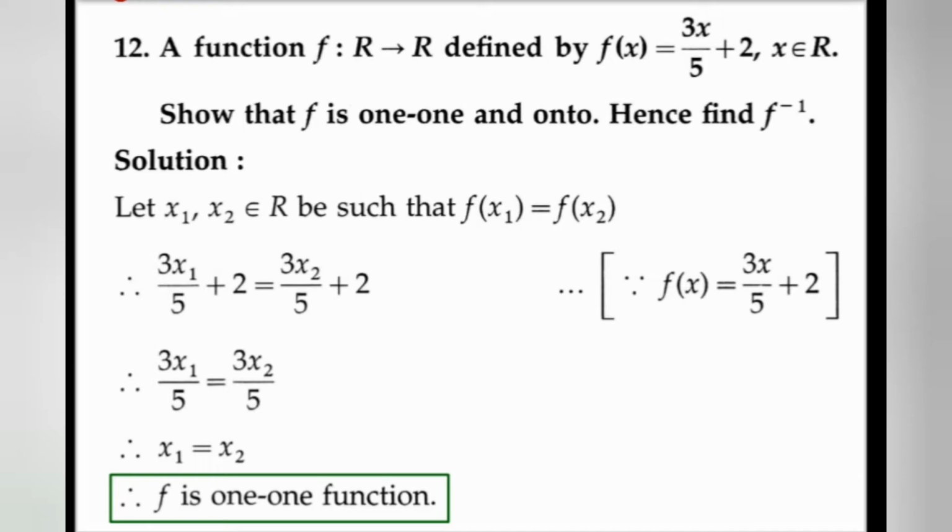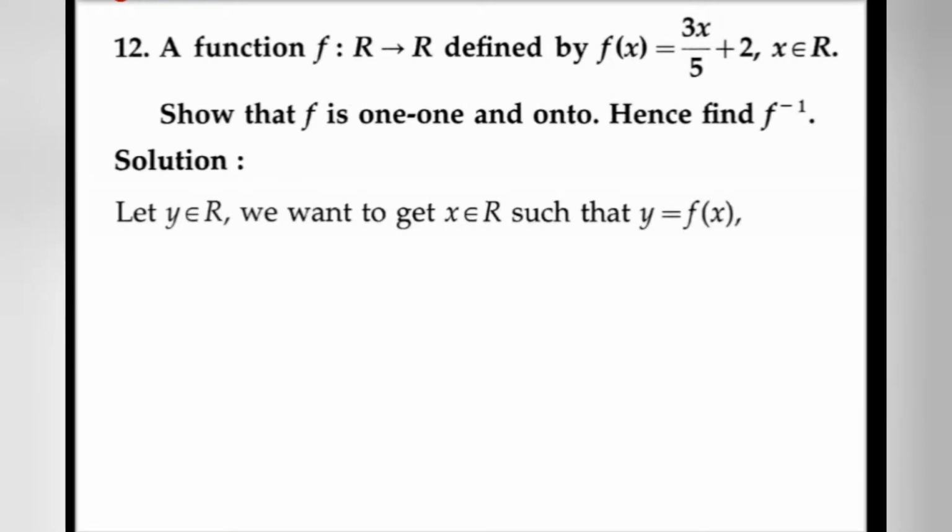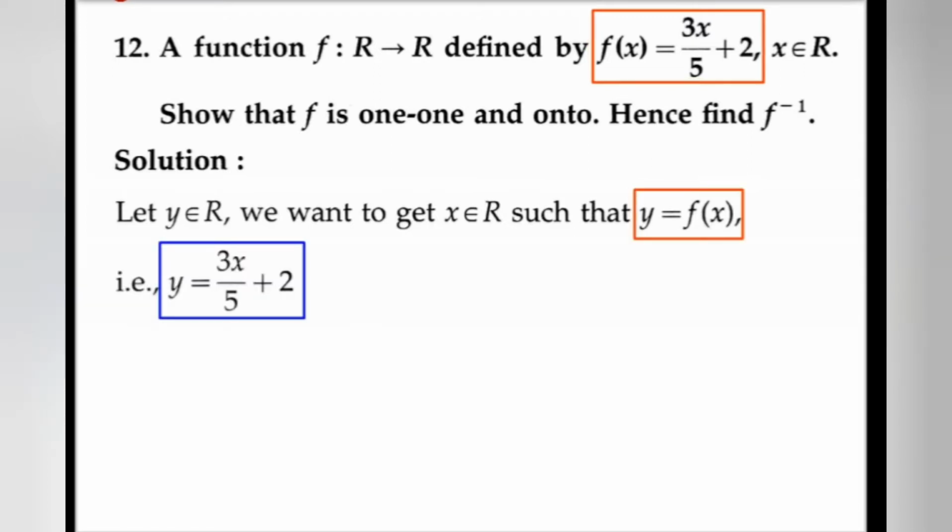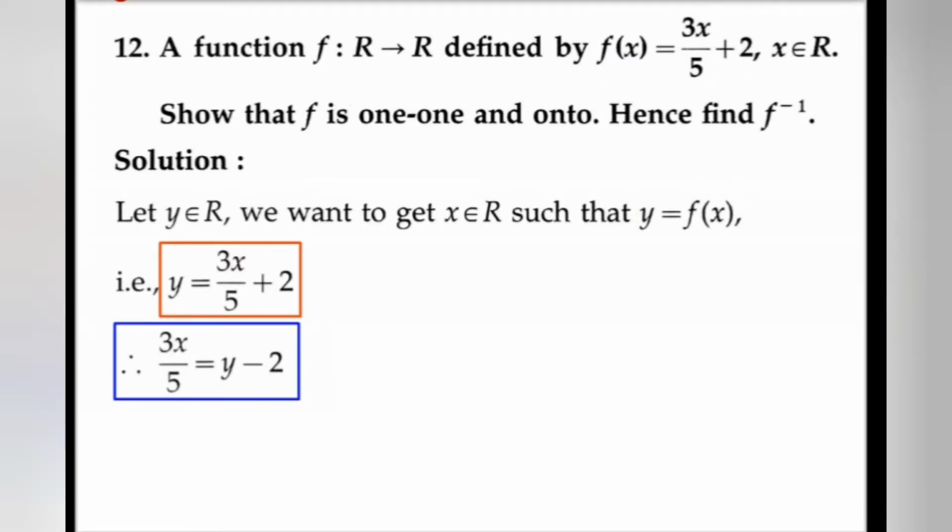Let y belong to R. We want to get x belonging to R such that y = f(x). That is, y = 3x/5 + 2. Therefore, 3x/5 = y - 2.